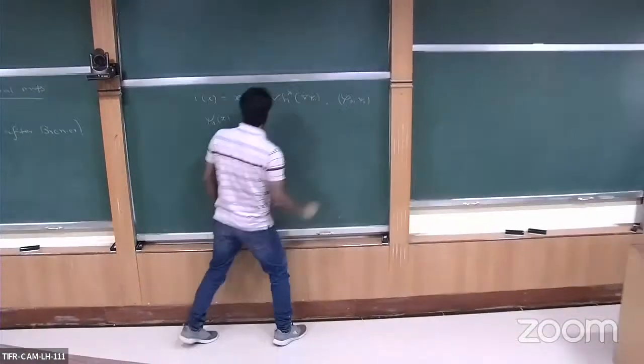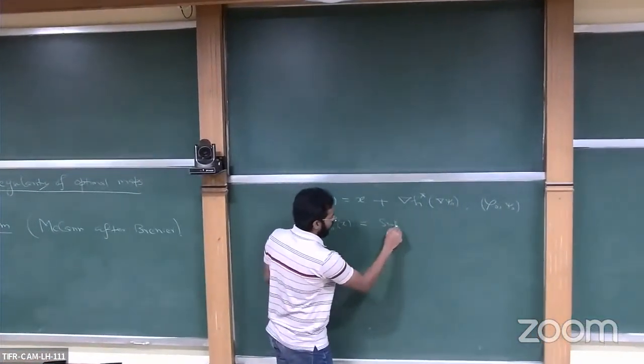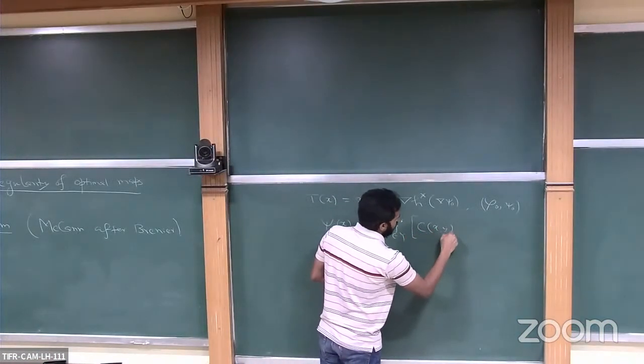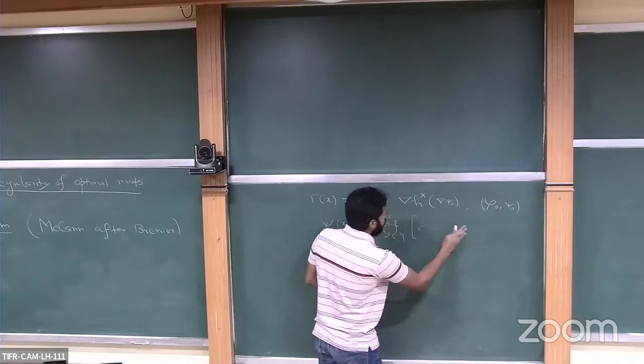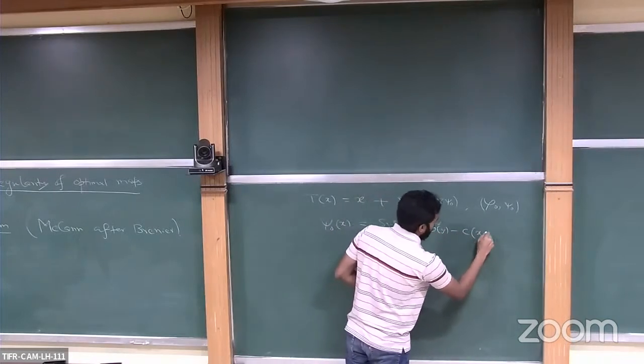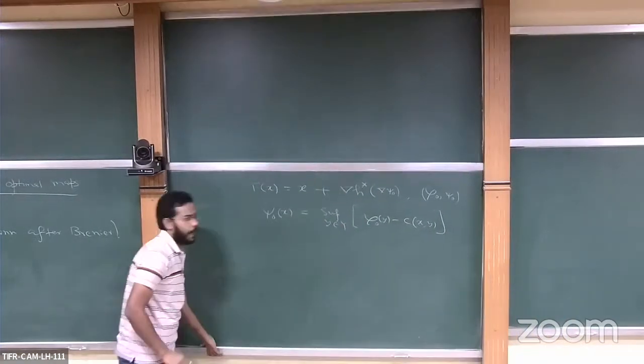And we also have this characterization that phi of x is the supremum over y in capital Y of c(x,y) minus psi(y) minus c(x), right? So this is the calculation.